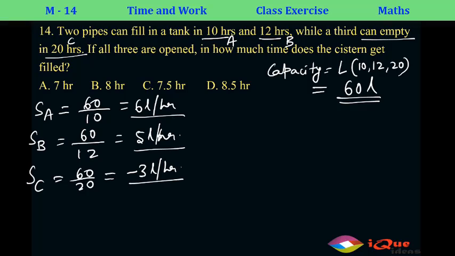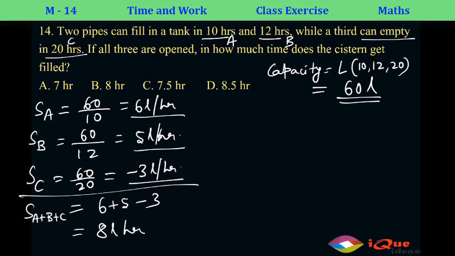I hope you understand, because the third pipe is not filling, it is emptying. So we are taking the numerical value, the process is the same, it's just that we put a minus sign to it. So when we find the combined speed of ABC together, it will give us 6 plus 5 minus 3, so it is 8 liters per hour. So the combined speed of ABC altogether is 8 liters per hour.